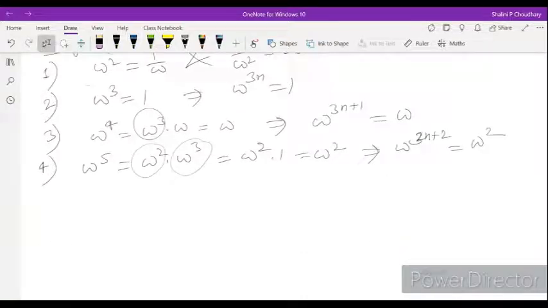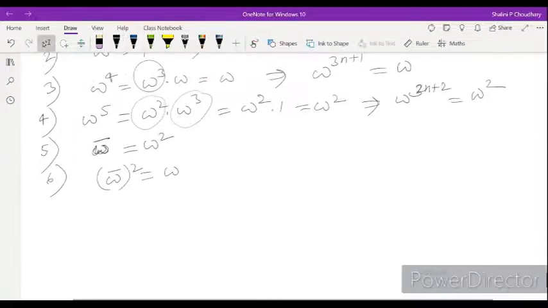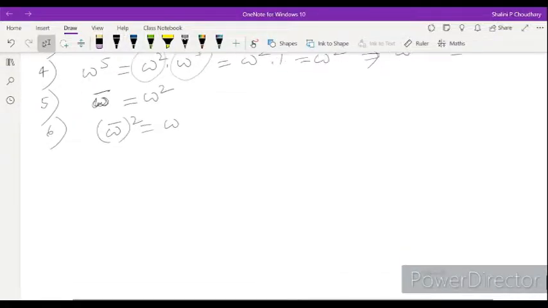Now next, omega bar, the complement of omega, will be equal to omega square. The conjugate of omega is omega square, which we have already seen. Now next, the conjugate of omega whole square will be equal to omega. Okay, so these are the properties of 1, omega and omega square. Based on these properties and concepts, we'll do sums.